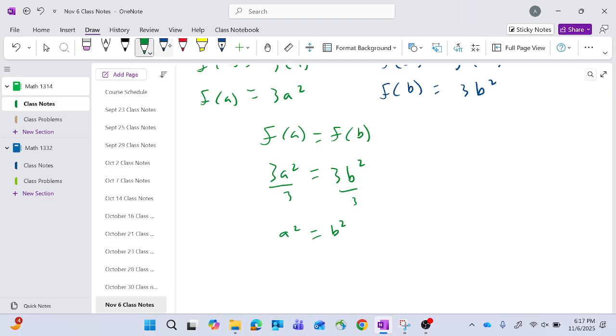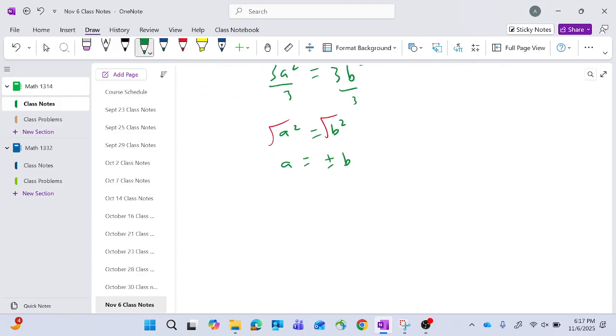If you take the square root of both sides, you get that a equals plus or minus b. Or if you want to flip it, b equals plus or minus a. What you see here is that a equals b and a equals negative b.